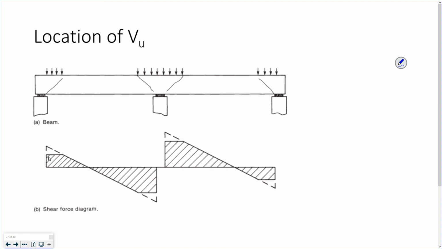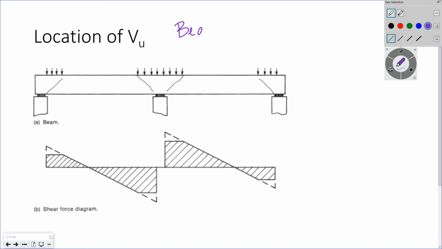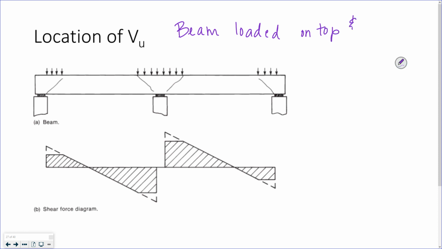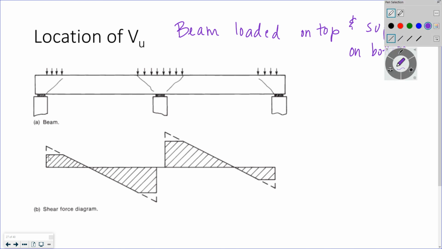At the columns, if you have a beam loaded on top and supported on the bottom, the load near the column would actually kind of flow downward right into the column.